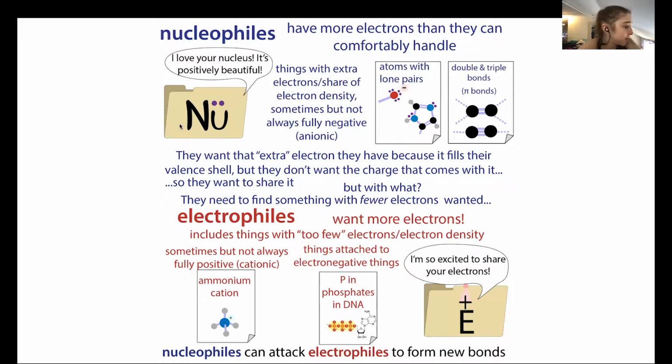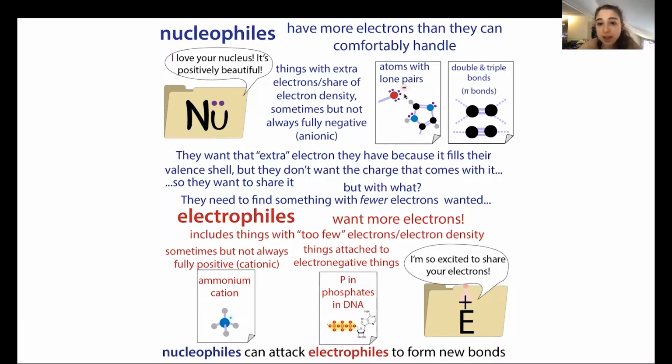But sometimes something gets that full outer shell, and that leaves it with a charge imbalance. This often comes into play when we have a hydroxyl, an OH group, that gets deprotonated.